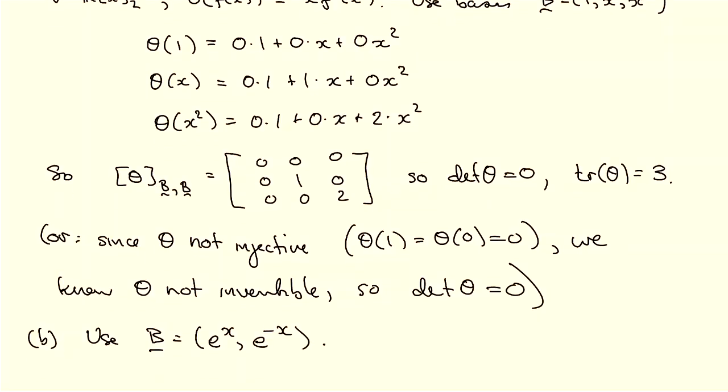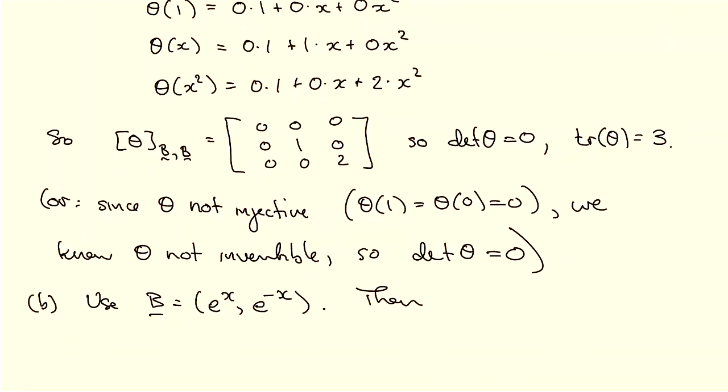Okay, then. So off we go. Theta of, just using the rule, theta of e to the x is apparently cosh, which is a half e to the x plus e to the minus x.